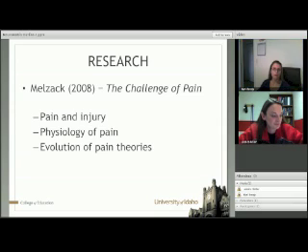This is seen in something such as a tension headache, where there's no real physical damage or injury, but there's definitely significant pain. Another example would be pain disproportionate to the severity of injury. One example he gives is passing a kidney stone. Many of you would say this is extremely painful, but if you actually look at the mechanism of this, it shouldn't be, because it occurs in an area that is not highly innervated.